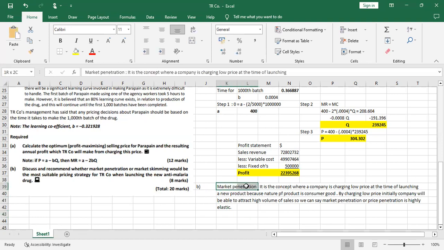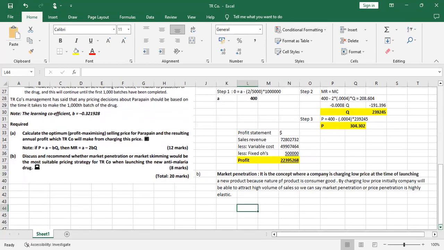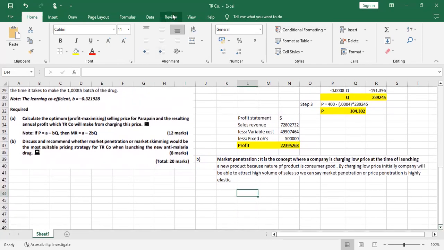This is called market penetration. Remember this very word, highly elastic. The examiner can ask such a question in the exam, in the Section A MCQ, whether market penetration or price penetration is highly elastic. Highly elastic means what? A slight change in the price will affect the demand by a huge quantity.